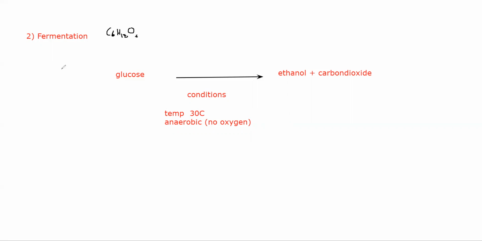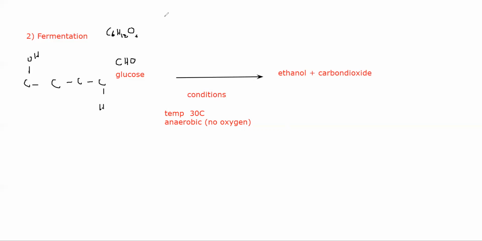So what does it mean? It contains 6 carbon atoms. And glucose itself is a polyol, meaning it already contains OH groups.